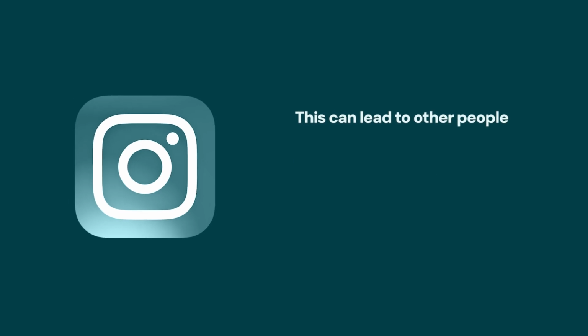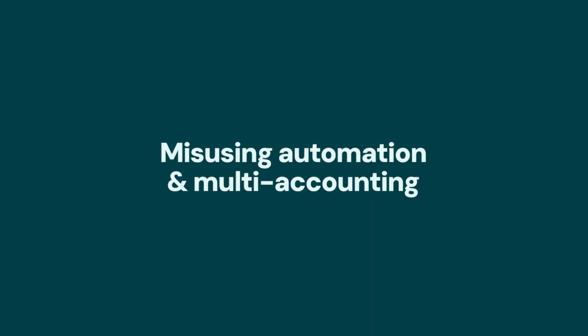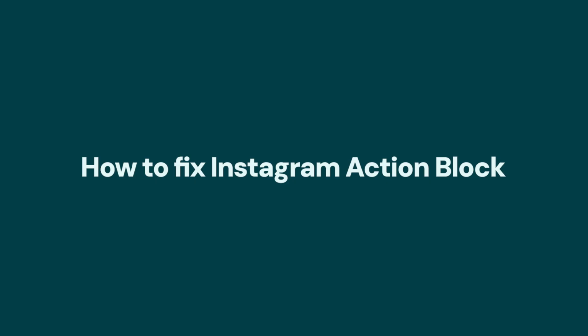This can lead to other people reporting your account or getting an Instagram action block. Misusing automation and multi-accounting. Improper use of automation tools or managing several accounts under the same IP can appear suspicious, leading to action blocks.